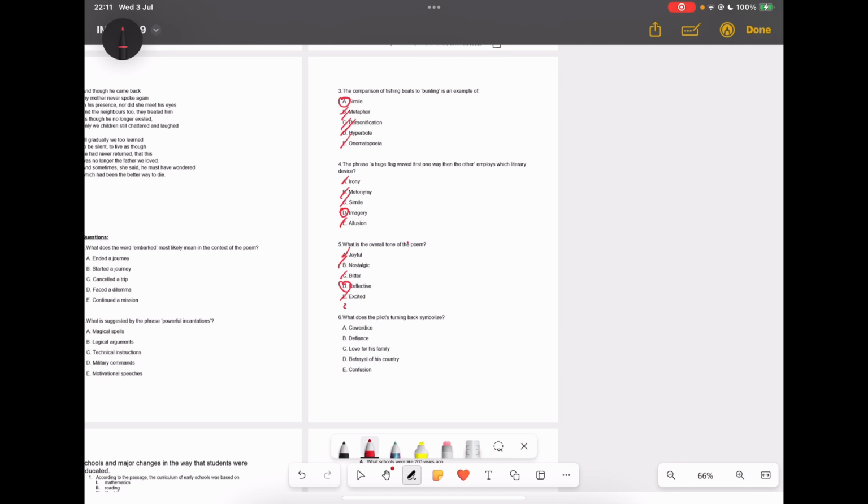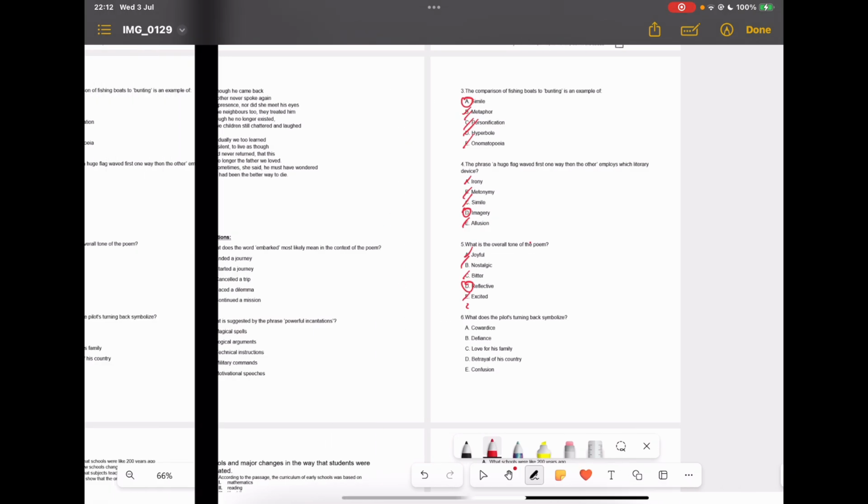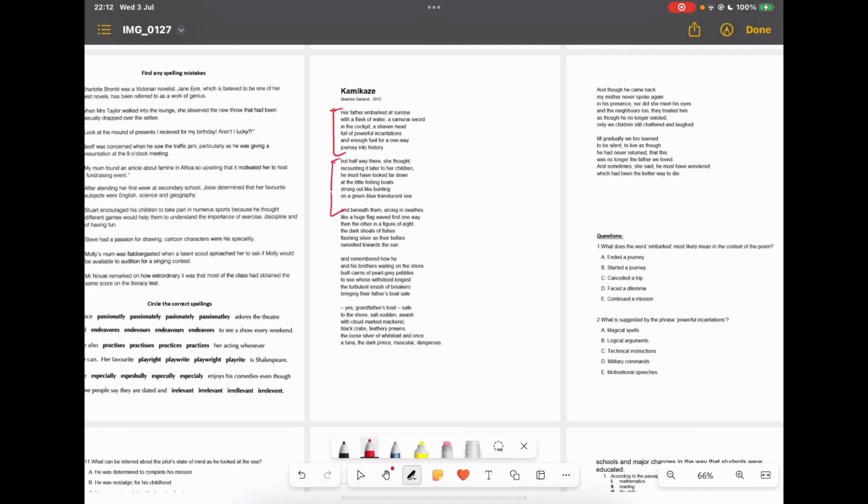So A, cowardice, yeah. B, defiance, not really, although it is defiance to the military. C, love for his family, yeah. D, betrayal for his country, yeah. And E, confusion, well, really, all of these could be an answer to some extent, but in this case, we're looking at what it symbolises.